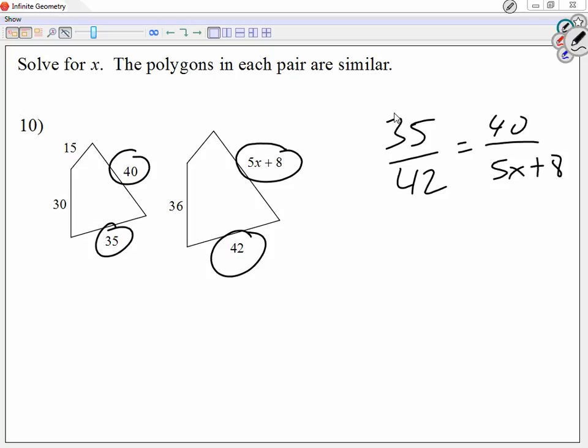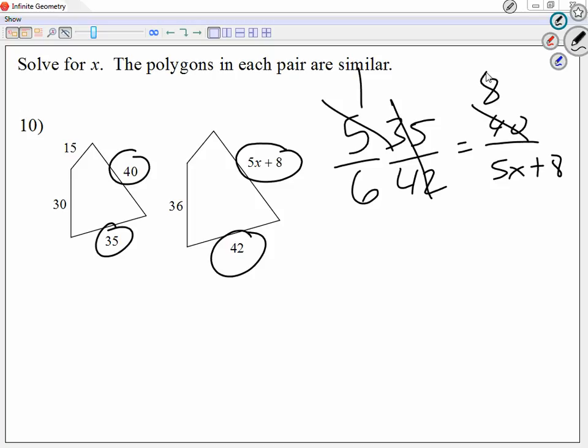Then I'm going to simplify. 35 over 42, let me call that 5 over 6. I can also simplify sideways. 5 and 40, let me call those 1 and 8. Now when I cross multiply, I get that 5x plus 8 is equal to 48.